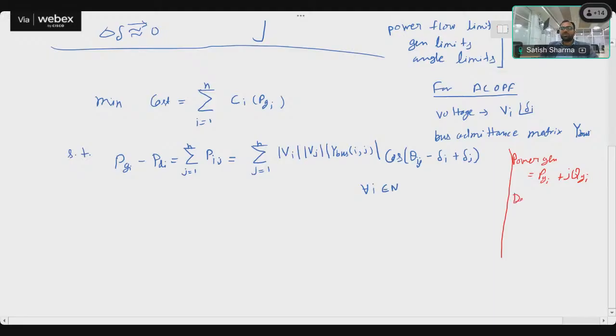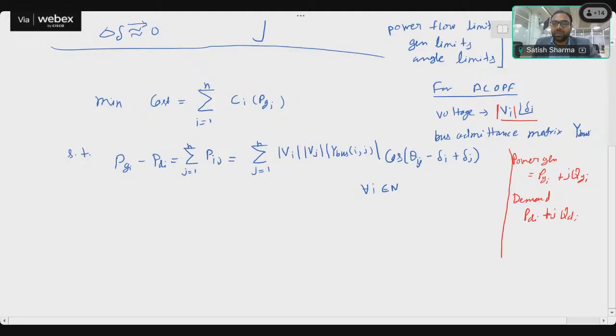Similarly, the demand is also active and reactive, so that is PDi plus j QDi. These are known information, and the voltage we have already discussed will be some voltage angle delta. Vi is the magnitude of the voltage at any bus i, and delta is the angle of that particular bus.